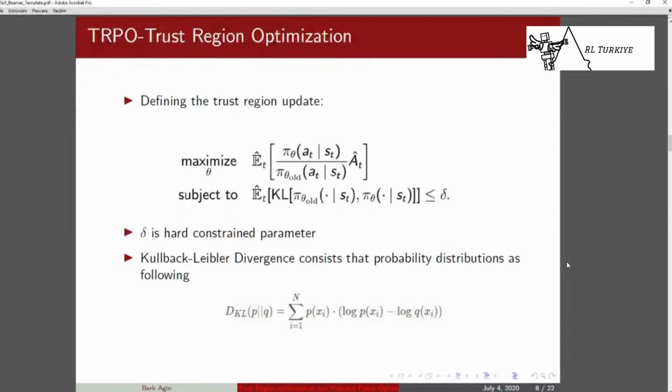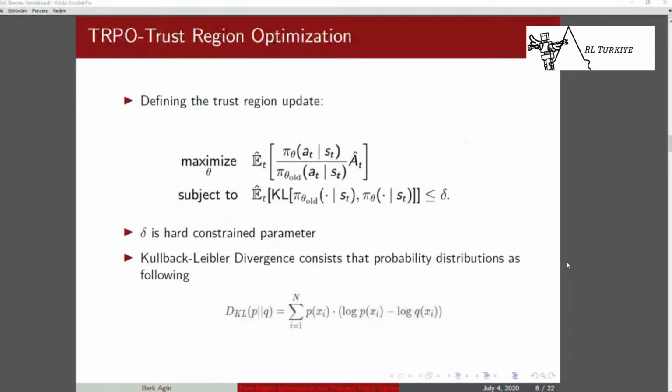As we said in here, the objective function in the natural policy gradient, TRPO and proximal policy optimization starts with these mathematical expressions.